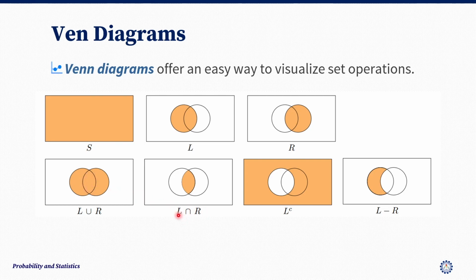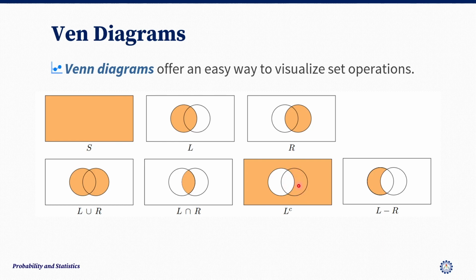You see here L and R are overlapping. In L intersecting R, we can see that the shaded part is in the overlapping portion. So that's the intersection. In R complement, the only shaded region is the right part minus the overlapping section.